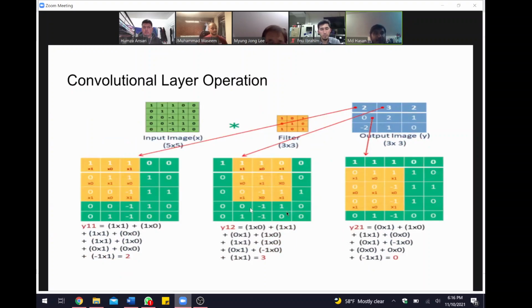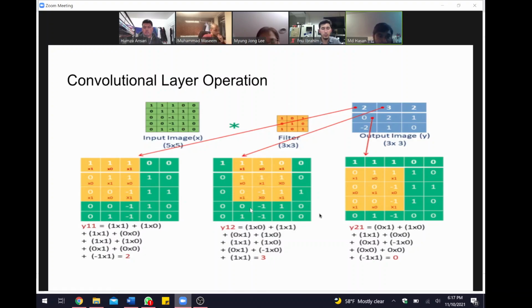For the convolution layer operation, for the sake of understanding, we chose a 5x5 matrix as the input image, and we impose the 3x3 filter on our input image.